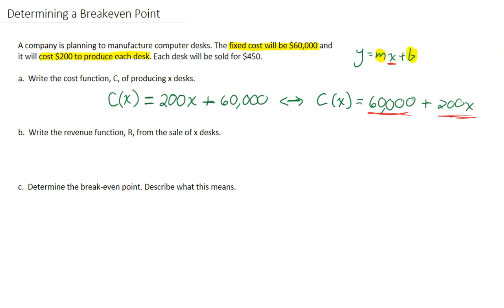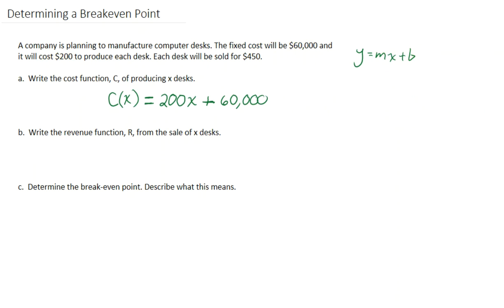So my cost of doing business is going to be 60,000 plus 200 times the number of discs that I sold. That goes along more with the story. And if it helps you to write it in that order, you're very welcome to. Either way they're completely the same and both acceptable. So those are our cost function. I'm going to go ahead and get rid of the second one just to clean things up a little bit, and then we'll work on the revenue function.